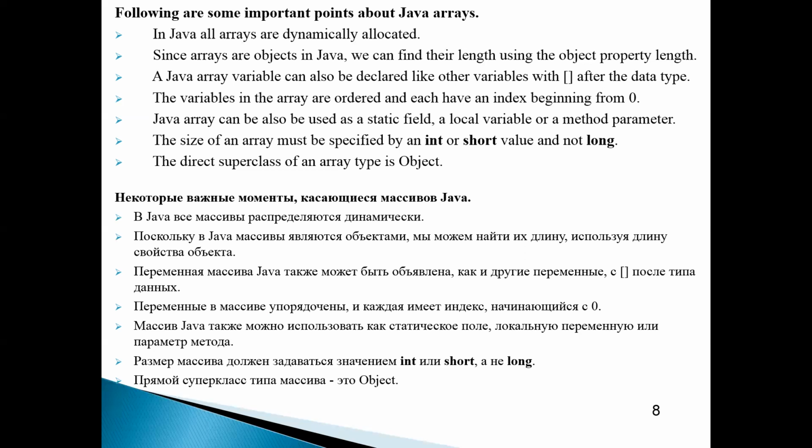The size of an array must be specified by an int or short value and not long. And the last important point about Java array is the direct superclass of an array type is Object.